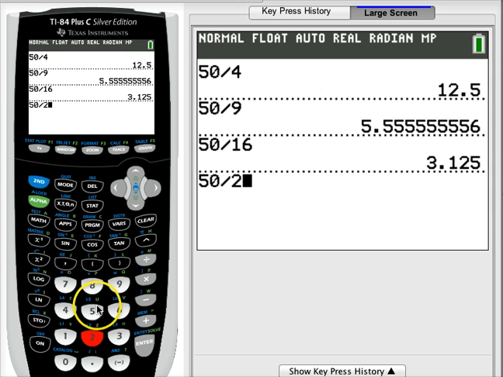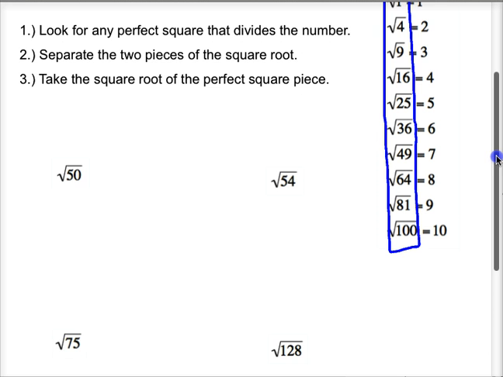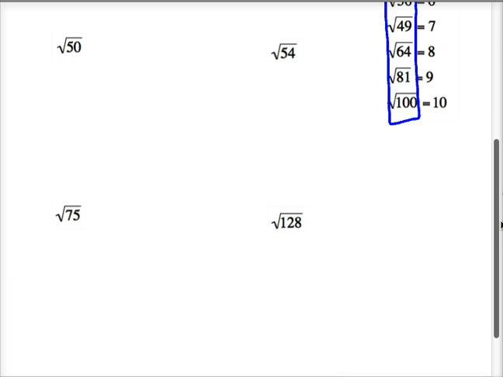You can try 25. 25, aha, there we go. We found a perfect square that evenly divides out of 50. It's going to be 25 times 2. So that's what I'm going to change this 50 into, 25 times 2.